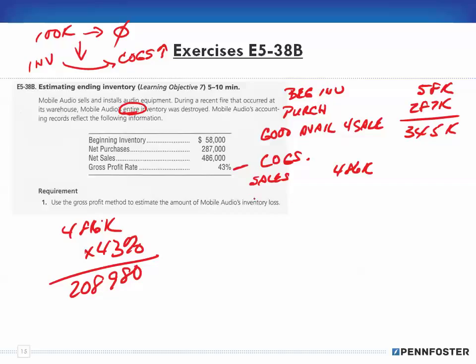So my estimated gross profit is going to be 208,980, which gives me an estimated cost of goods sold of 486,000 less the 208,980, which means my estimated cost of goods sold is $277,020.